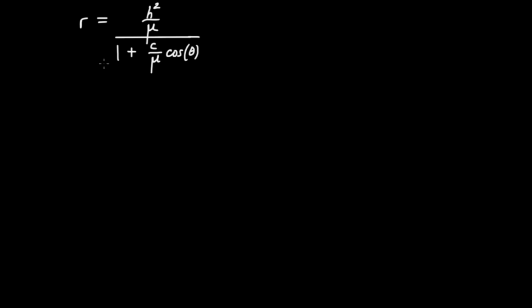I'm going to interpret this whole thing as a polar equation, an equation in polar coordinates. So r is going to be some function of theta. Now I'm going to redefine some new constants. The thing sitting up here in the numerator, I'm going to call P, because everyone else does. P is equal to the square of the angular momentum per unit mass over the gravitational parameter.